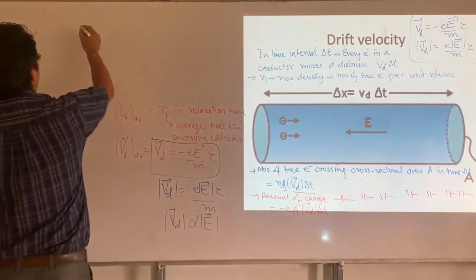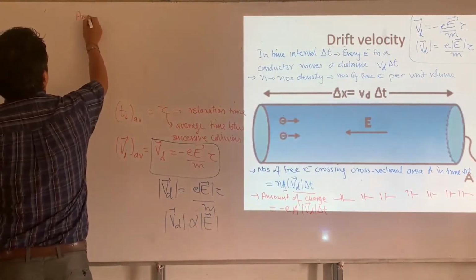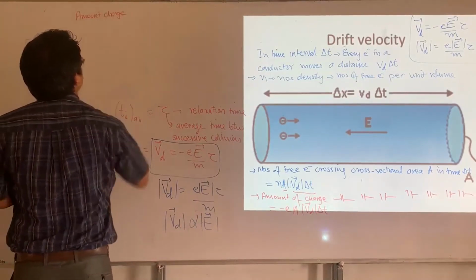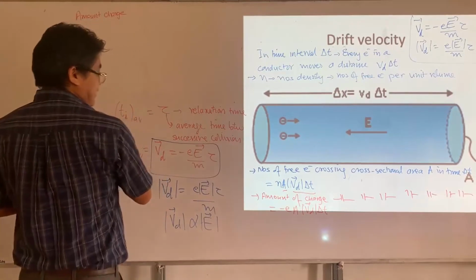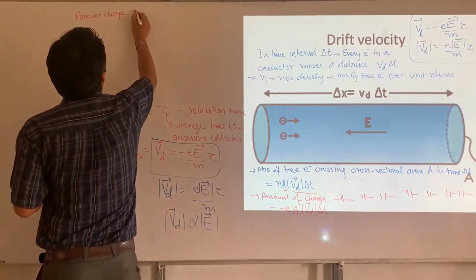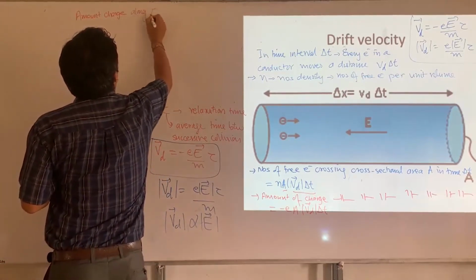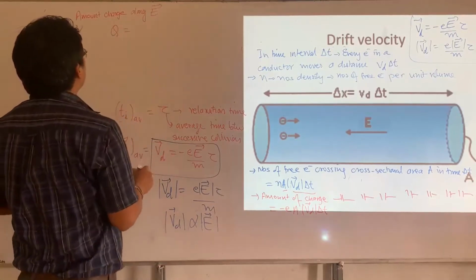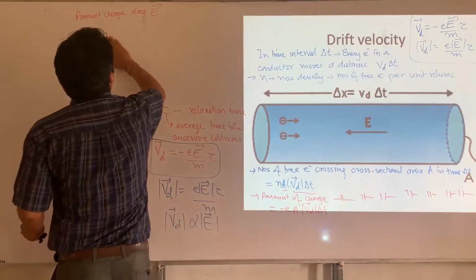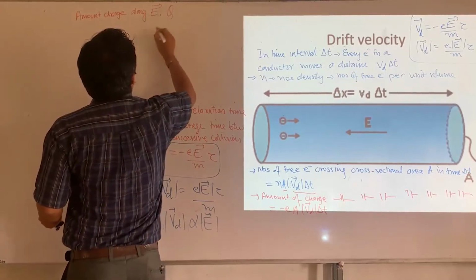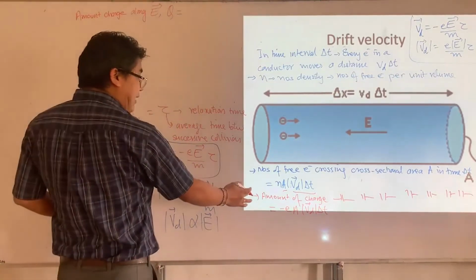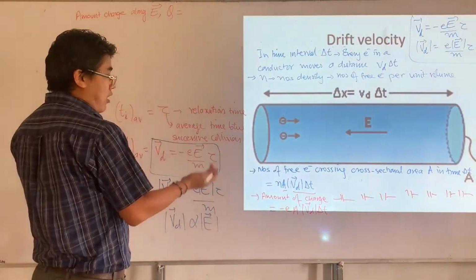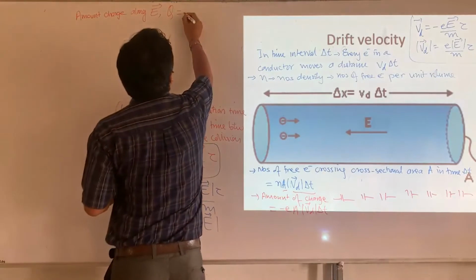Now I say that the amount of charge along the electric field, let's say Q, would be equal to, and the direction of electric field is opposite to the direction of electrons, so therefore I am going to put minus.